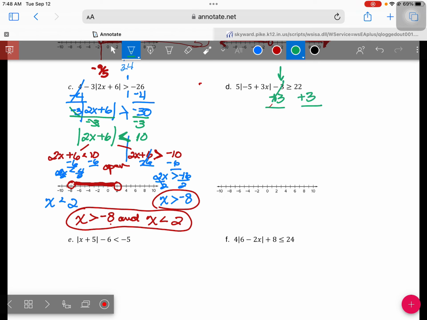Negative 5 plus 3x is greater than or equal to 5. And negative 5 plus 3x, I need to compare that to negative 5, which means I had to divide, which means I need to flip the sign. So it's now less than or equal to.